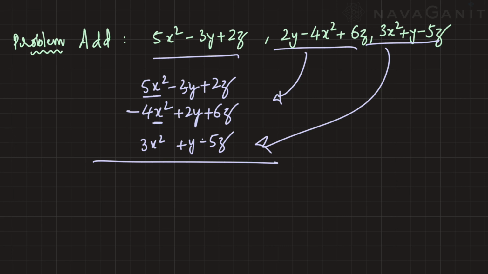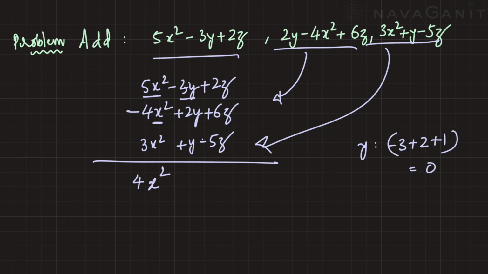Now these terms are grouped together, which is the second step, and then we add them up. The coefficient of x squared would be 5 plus minus 4 plus 3, which would be 4x squared. What about the term for y? For y it is minus 3 plus 2 plus 1, which is 0.